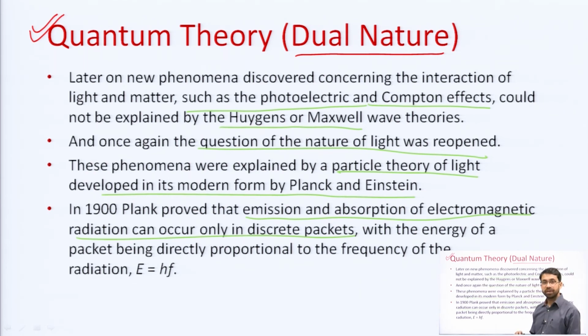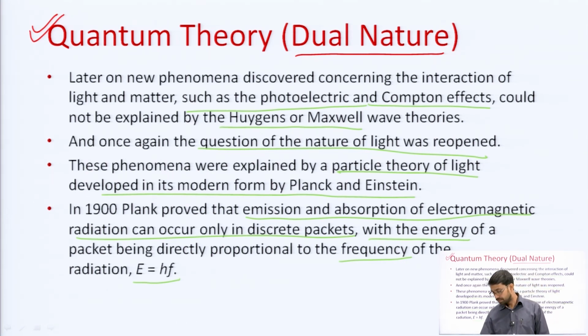He also gave an equation through which we can calculate the energy of that packet, the energy of a packet being directly proportional to the frequency of radiation. So, what is the energy? Energy of a packet is h times f, where h is Planck's constant, we all know, and f is the frequency of light.